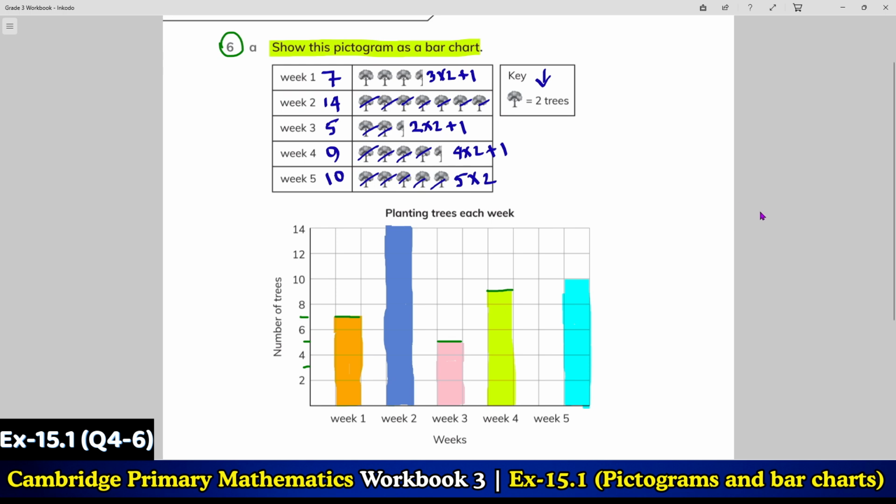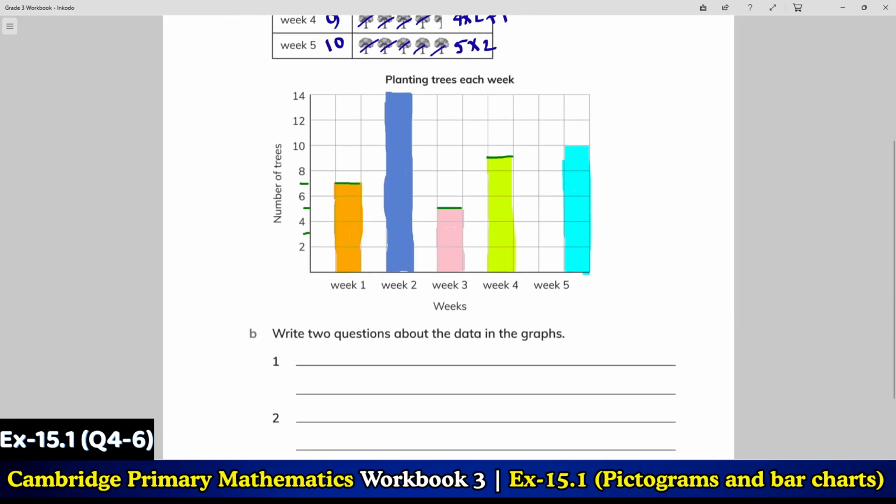Now we will make our own questions. What is the question? Our drawing has completed. Now our question 1, we can write, which week had the most trees planted.